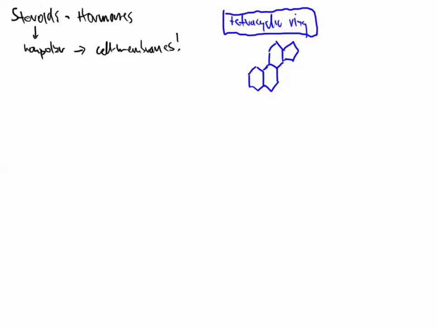So there are some properties about these rings that we at least want to talk about a little bit so we can pretend like we got some type of education in lipid chemistry and in these steroids, and that's how to label these rings. These rings have certain letters to them.